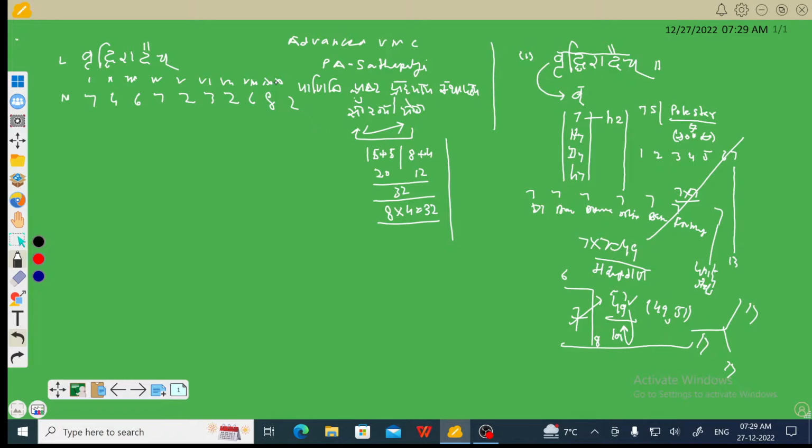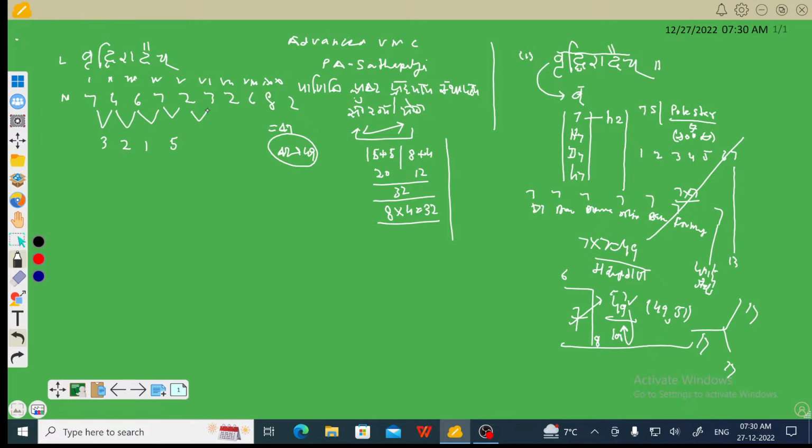Further, the gap here is 7 minus 4, which is 3. 4 minus 6 is 2. 6 minus 7 is 1. Here it is 5. Here is 1. Here again is 1.